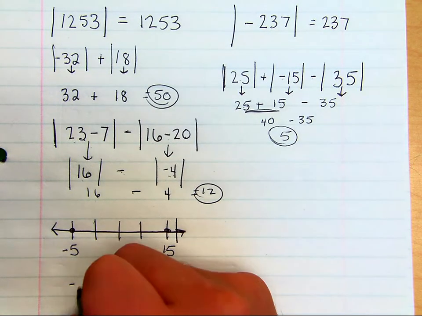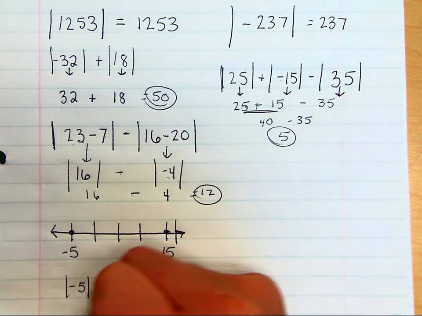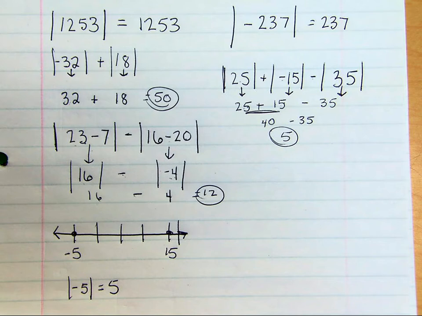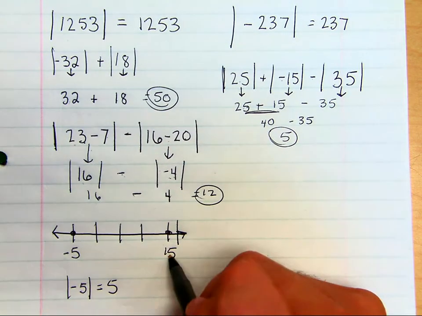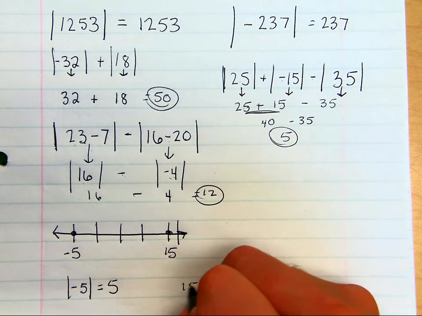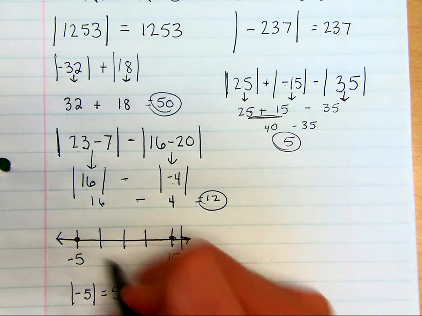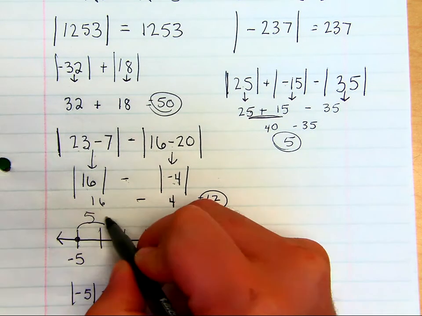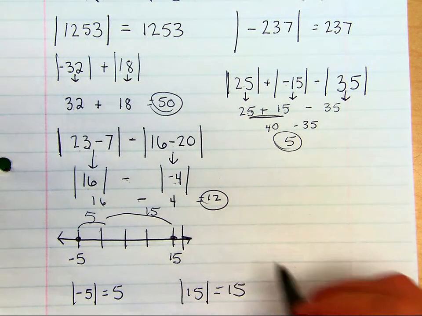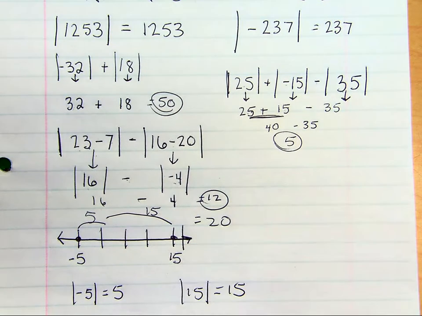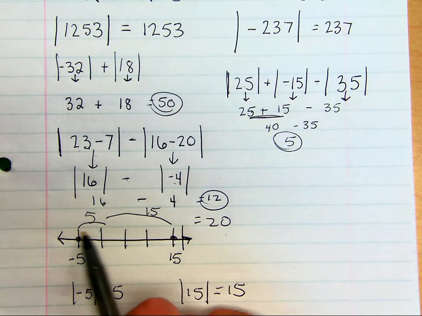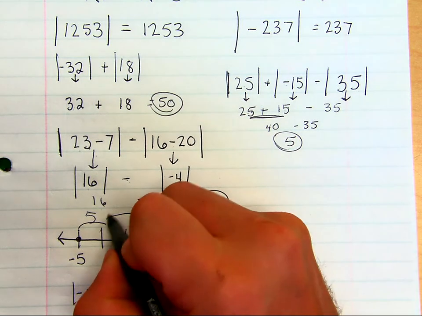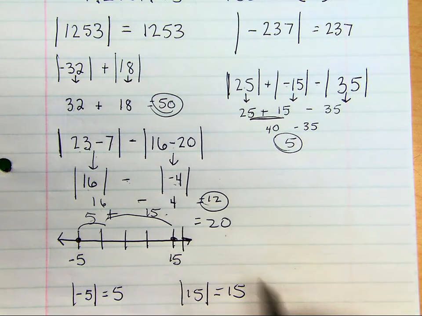I have to pass 0. So negative 5, the absolute value of that would be 5, meaning it takes 5 steps to get to 0. And then the absolute value of 15 would be 15. So it's 5 to get to 0 and 15 more, so they are 20 apart. It takes 5 to get to 0 plus 15 more. 5 plus 15 makes 20.